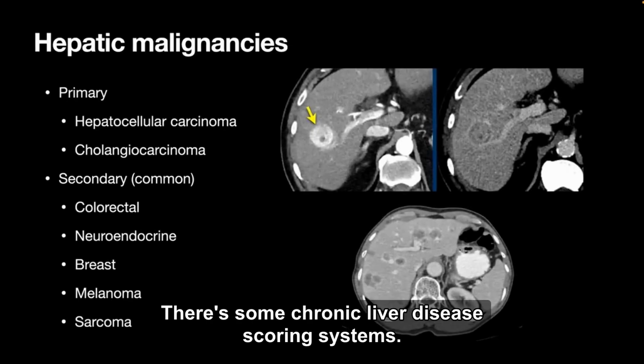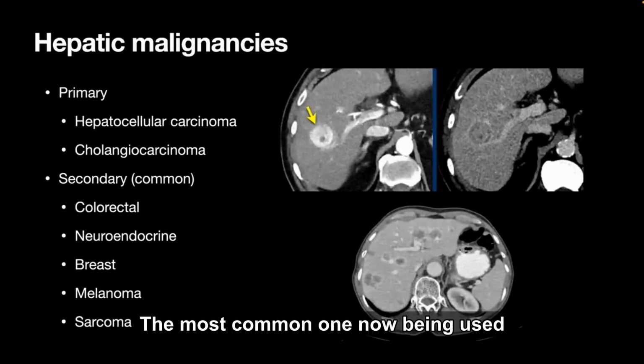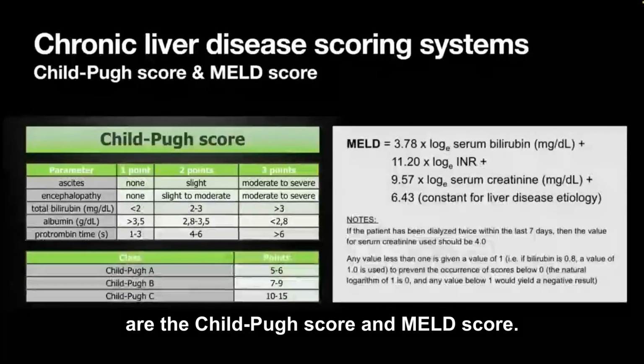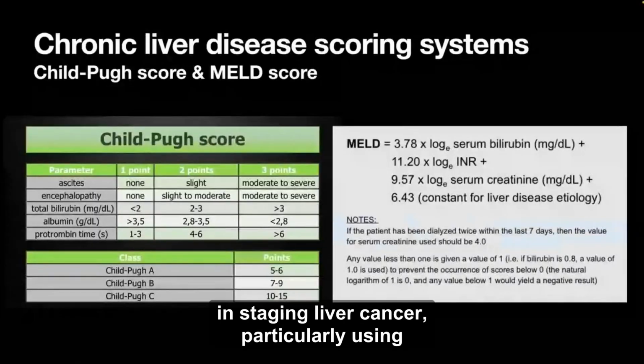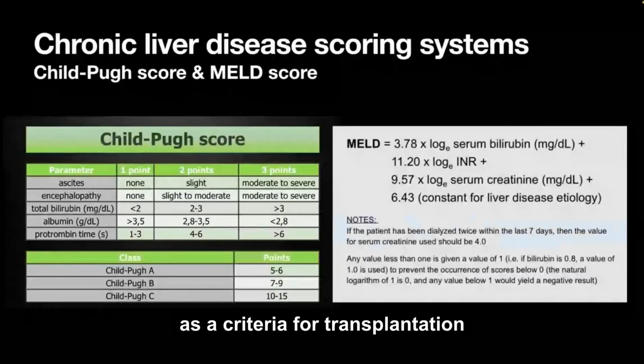And there are some chronic liver disease scoring systems. The most common ones now being used are the Child-Pugh score and MELD score. Mostly the Child-Pugh score has been used in staging liver cancer, particularly as a criterion for transplantation and other liver-directed therapy.